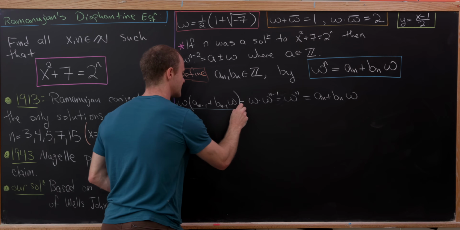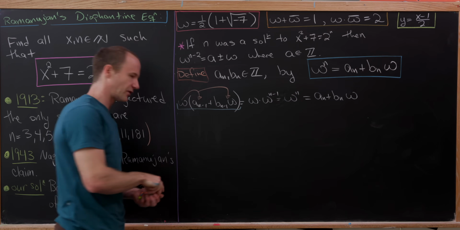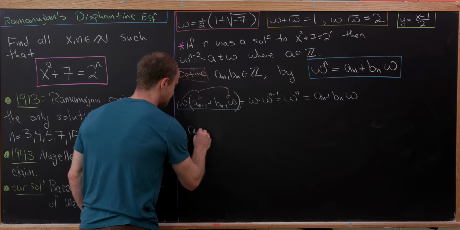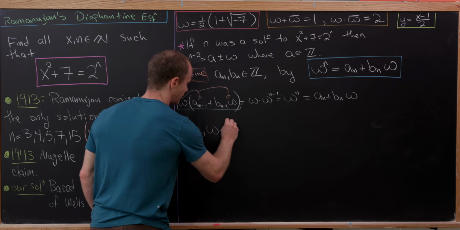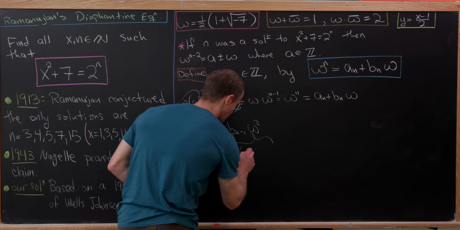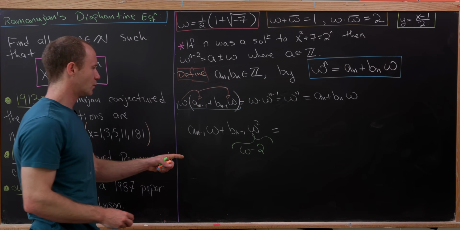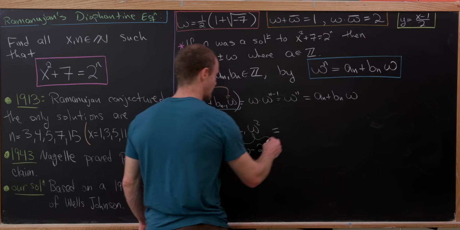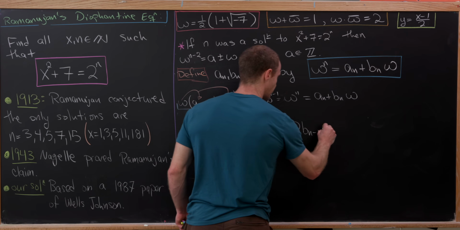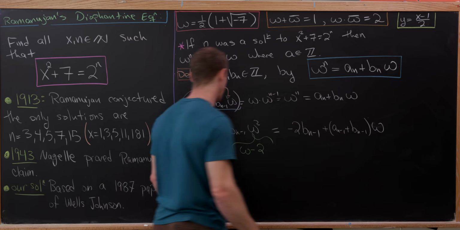Well, let's take this left-hand side and we'll distribute the omega through and then apply some of the defining rules of omega. So that means we have a sub n minus 1 times omega plus b sub n minus 1 times omega squared. Using the fact that omega squares to omega minus 2, we can collect some terms here. And what we'll see is this. We have negative 2 times b sub n minus 1, and then plus a sub n minus 1 plus b sub n minus 1 times omega.